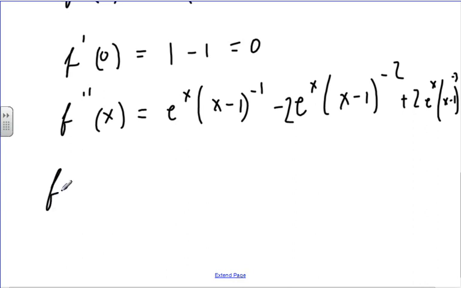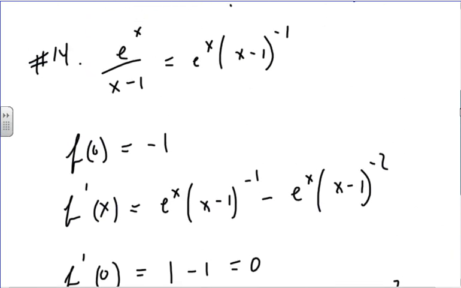All right, so f double prime at 0, I'm going to have to go back and look at this for a moment.